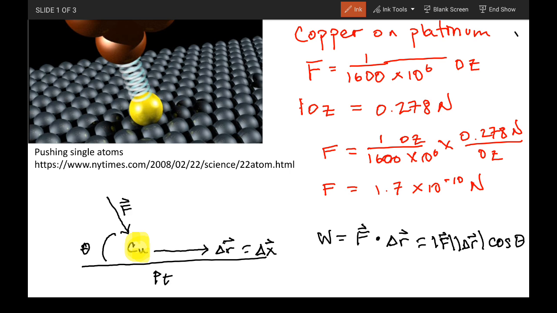And so when we take that dot product, what we're calculating is the projection of F onto delta R, so that if I were to draw these two vectors like this, what we're looking at is how much of F shadows along delta R. That's the idea of the dot product.